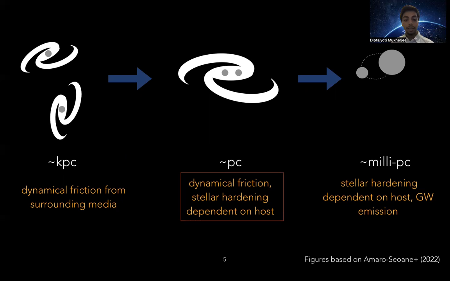Now, the uncertainty in all of our simulations comes from these two eras, the parsec and the milliparsec scales, where it's really hard to resolve dynamical friction or stellar hardening. And as I'm going to show in the next slide, we don't even resolve these processes properly in cosmological simulations, where we derive LISA rates from.